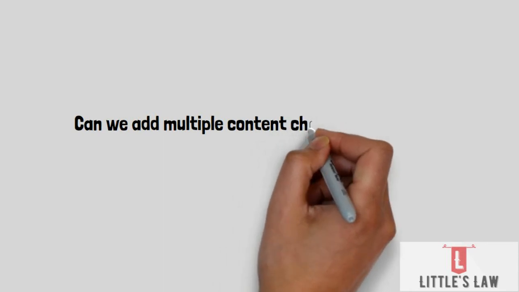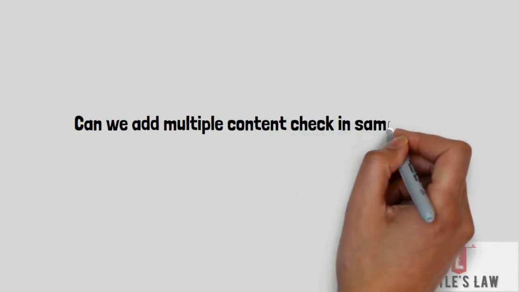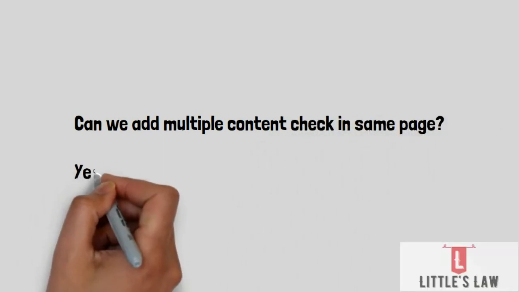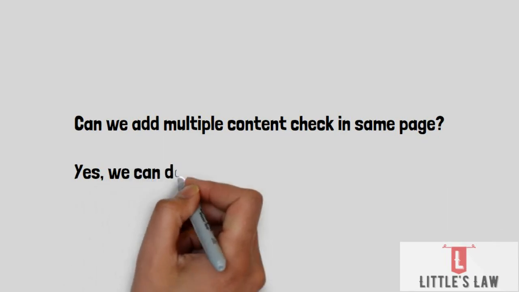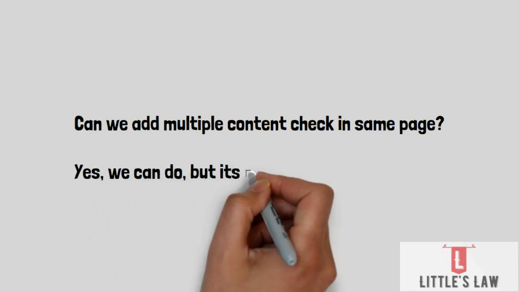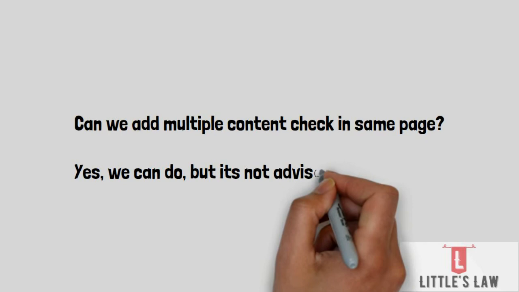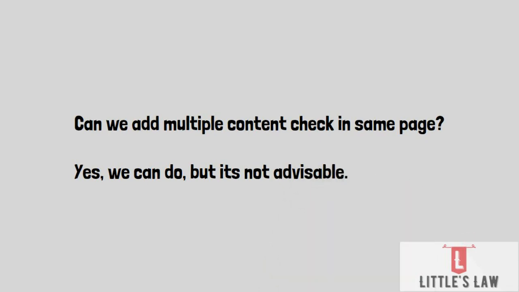Yes, we can, but for the benefit of performance, we do not require multiple content checks on a page. In most cases, we would recommend a text check rather than an image check, because while doing an image check, the performance might go down. So it's better to go with the text check.